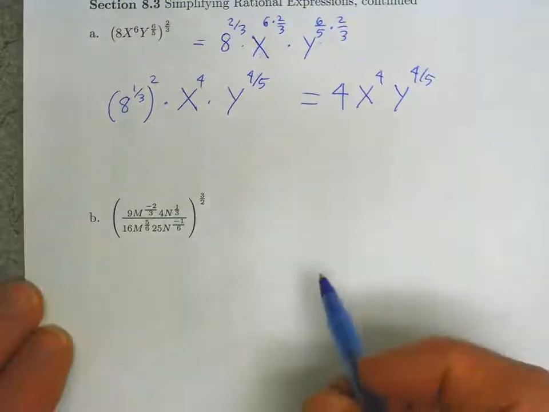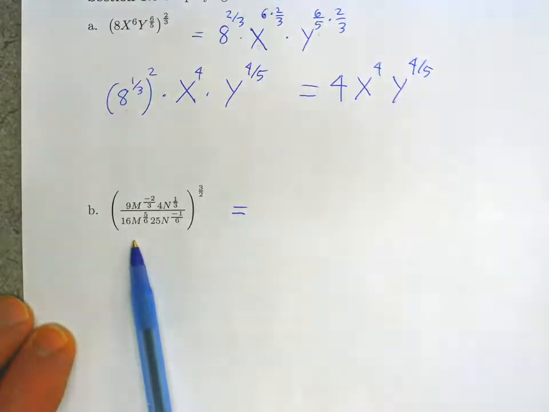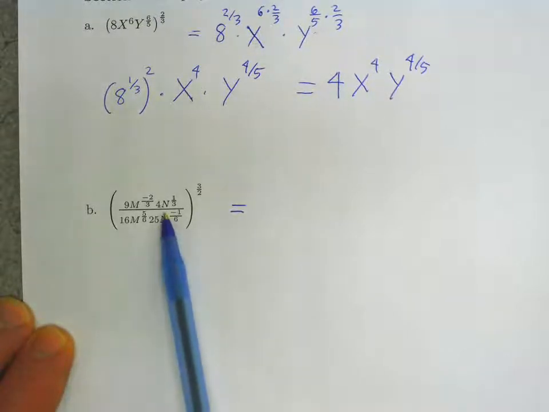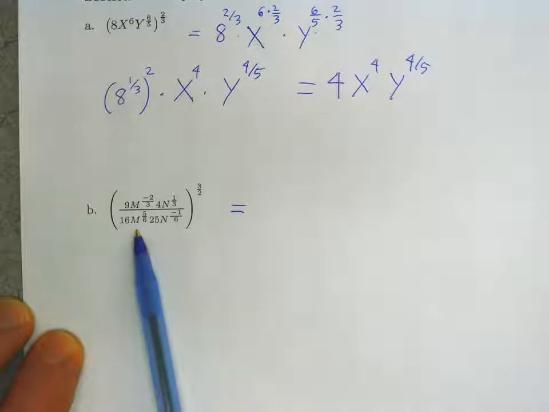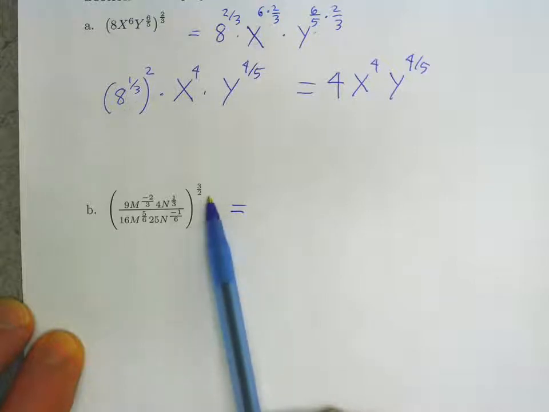Okay, on the next one, well, inside the parentheses, in the numerator, we have 9m to the negative 2/3 times 4n to the 1/3. And in the denominator, we have 16m to the 5/6 times 25 times n to the negative 1/6. So let's just go ahead and apply the outer exponent.